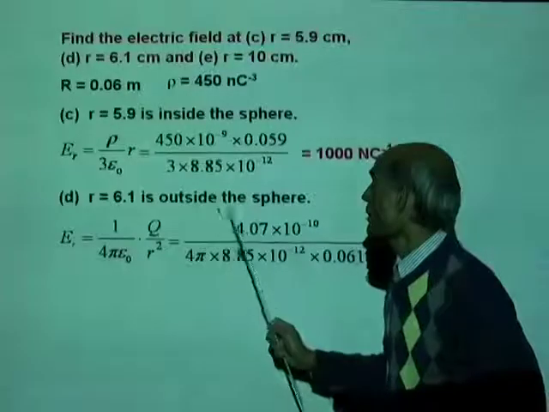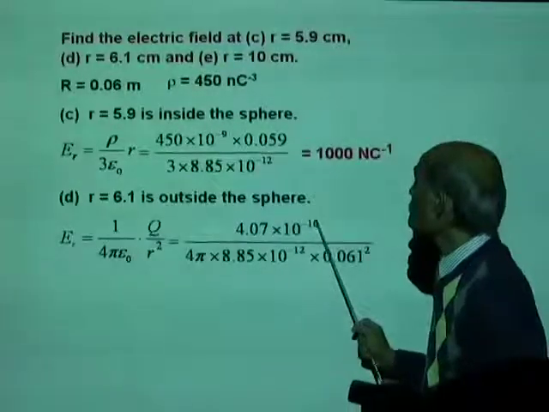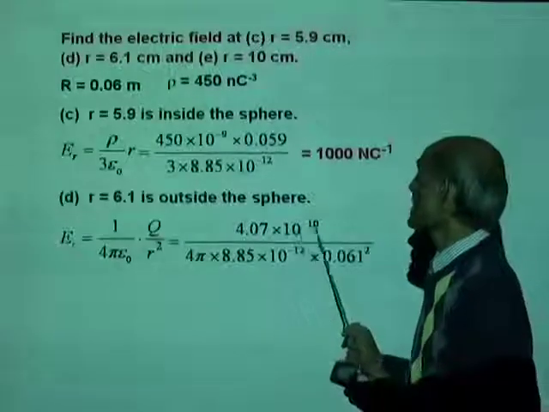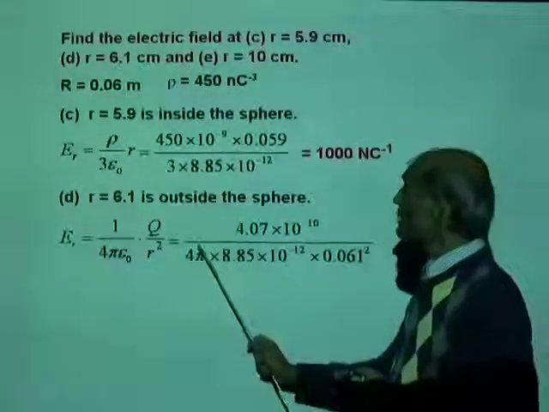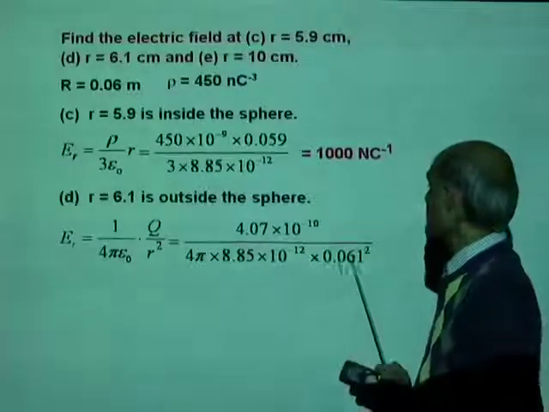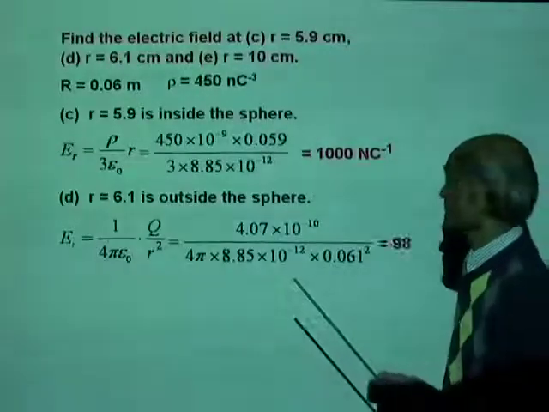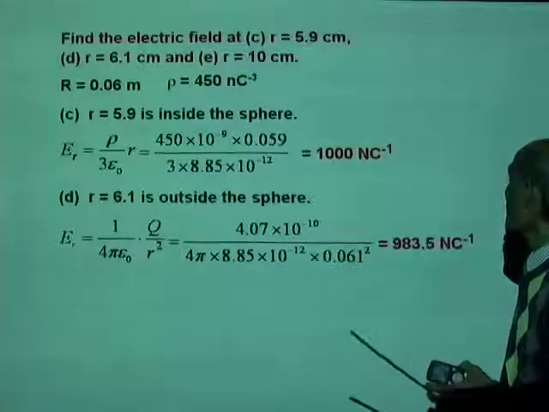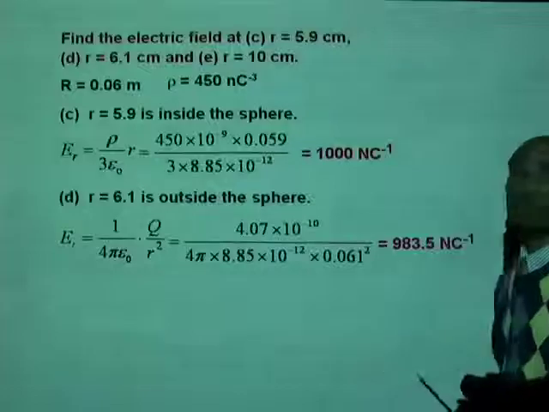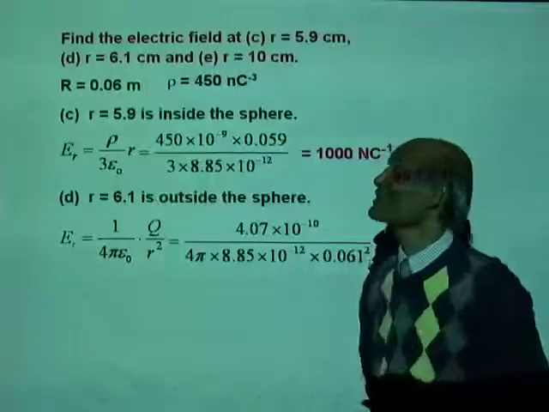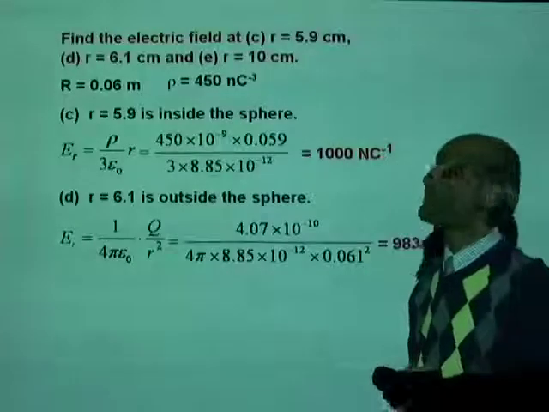Q, the amount of charge on the sphere, is 4.07 times 10 to the negative 10, over 4 pi times epsilon naught times r squared. That is 983.5 Newton per coulomb, the electric field at r equal to 6.1 centimeter.